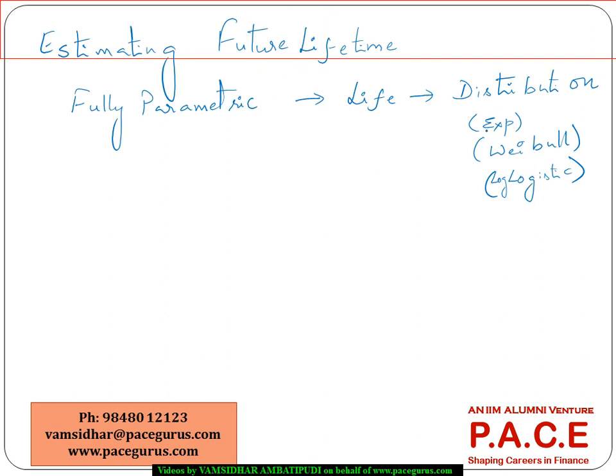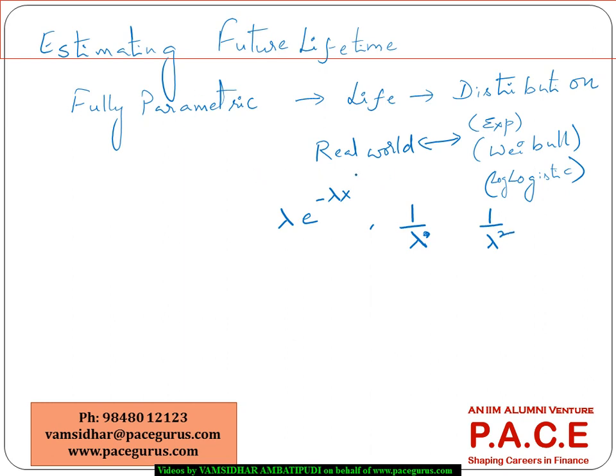And once I assume it, based on a comparison with the real world observations, we will try to find out the parameters. If I am saying exponential distribution, I know that it is of the form lambda e to the power minus lambda x. I know the mean of it is 1 by lambda, and the variance is 1 by lambda squared.